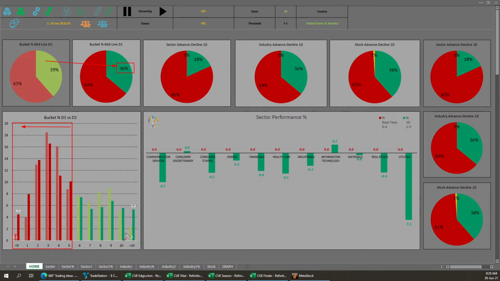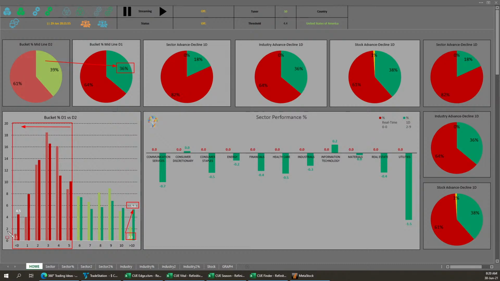Interestingly, yesterday the percentage of stocks in the most extreme high bucket went up from 2.3 to 5.3%. Not a huge jump up, but it did go up.